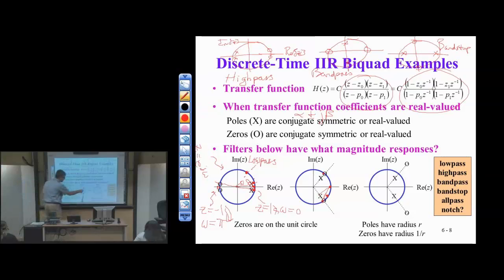As you go around, outside of this small range of frequencies, the rest of the frequencies have a very similar ratio of the distance from the point on the unit circle to the 0 to the point on the unit circle to the pole. What kind of filter is that? Yeah, so notch. It's a notch filter.